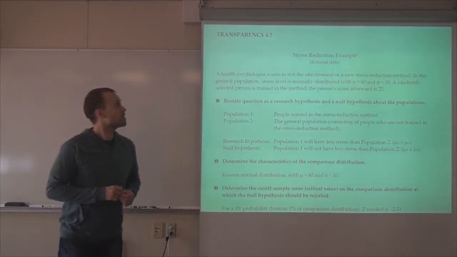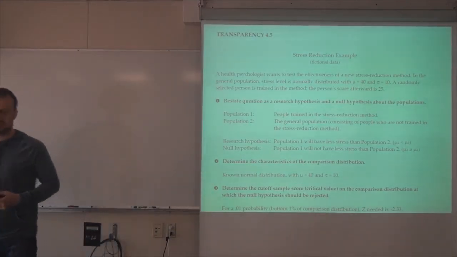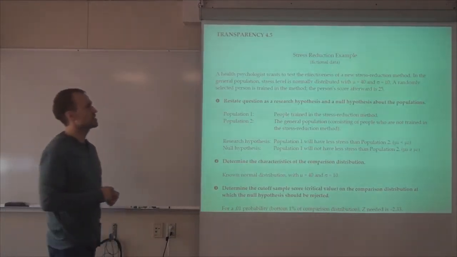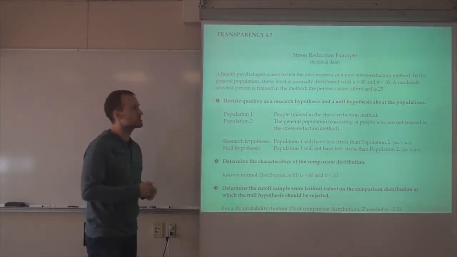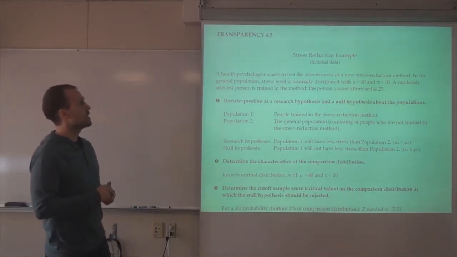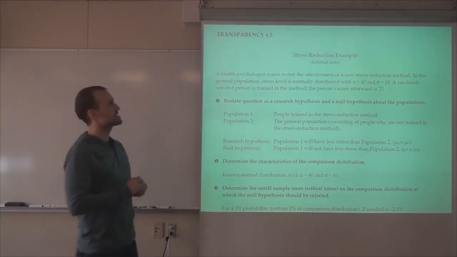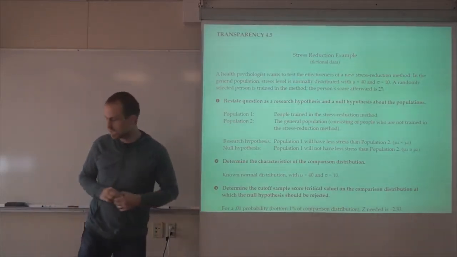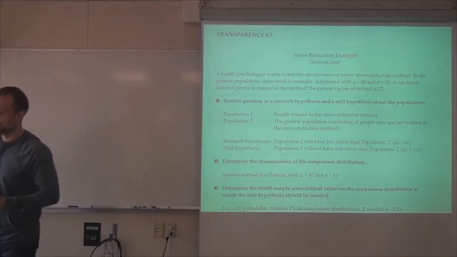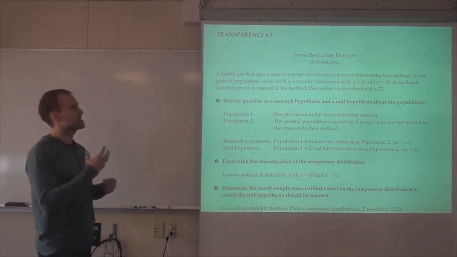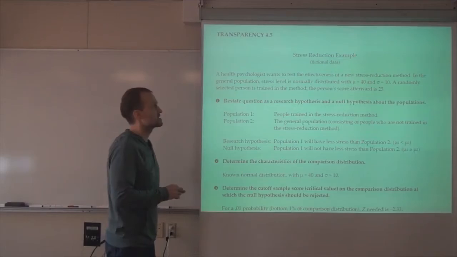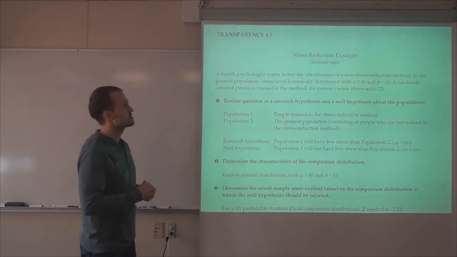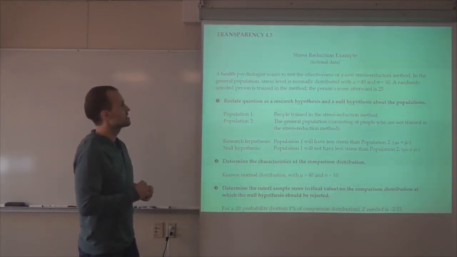All right, so let's do one more example to verify the idea and the process of hypothesis testing, by way of the stress reduction example, where we are trying to test whether there is any significant effectiveness in a stress reduction method.